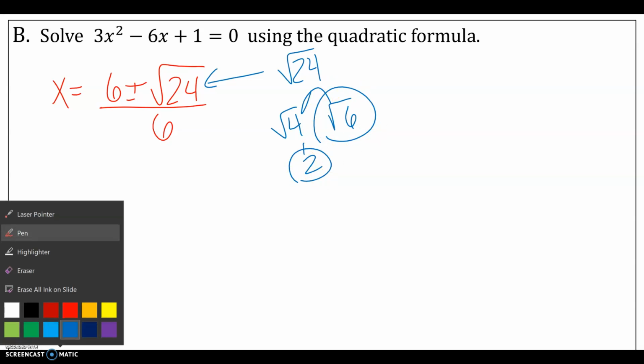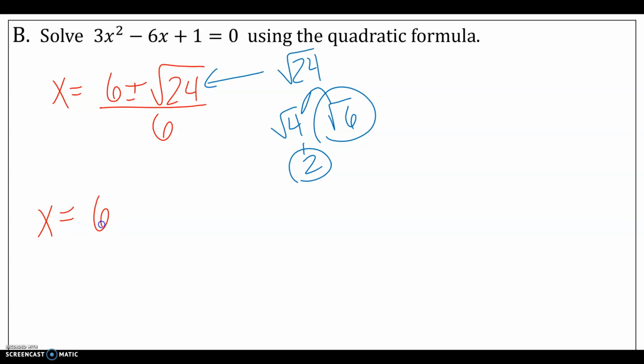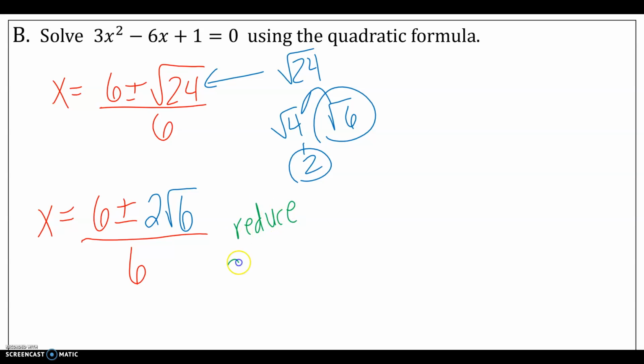So if I show you this, you get 6 plus or minus 2 radical 6. Notice that I'm replacing the radical 24, all over 6. So that's my answer.